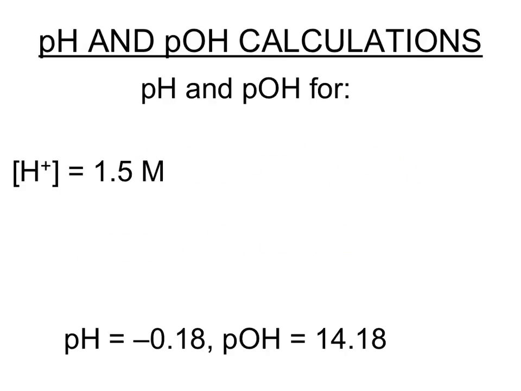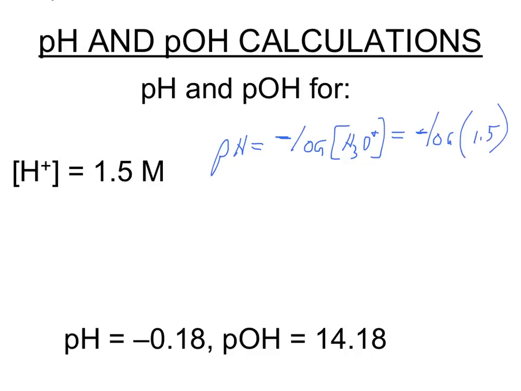Okay, now I have the acid concentration. So I know that the pH equals the negative log of the acid concentration, which equals the negative log of 1.5, and that turns out to be a pH equal to negative 0.18 after you crunch the numbers.